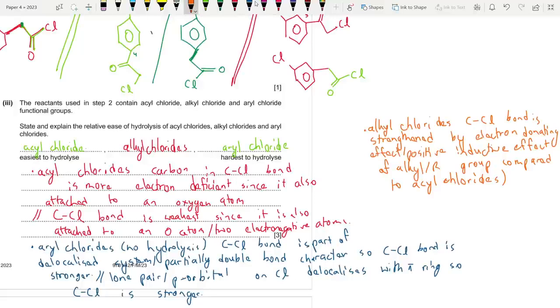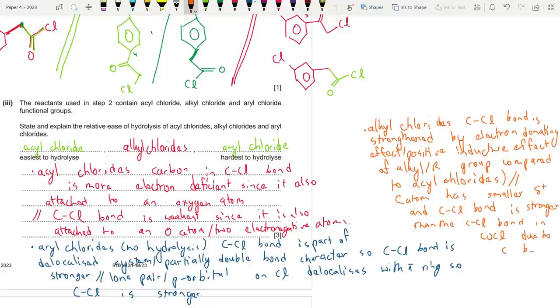Or you could say that the carbon atom has a smaller delta plus and the C-Cl bond is stronger. Then the C-Cl bond in COCl, due to carbon being attached to only one electronegative atom.